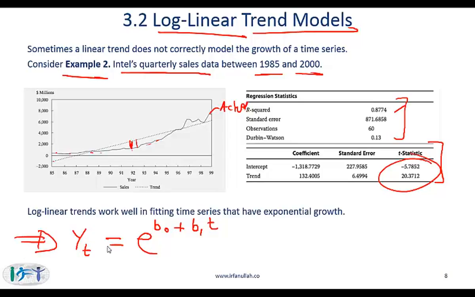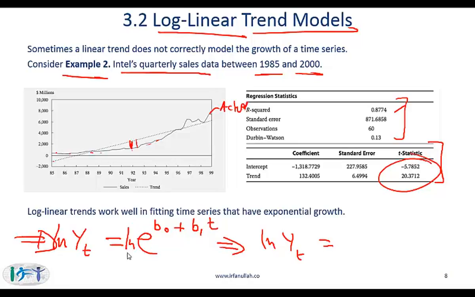Now, if you have a relationship like this, what do you do? Again, some basic mathematics. You take the natural log of both sides. When you take the natural log of both sides, what does this become? You have the natural log of y at time t is equal to what? Again, this is basic mathematics.